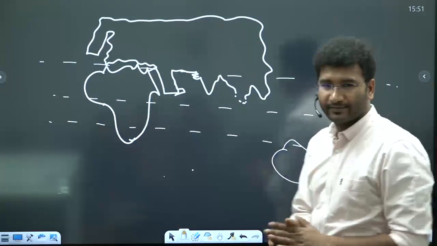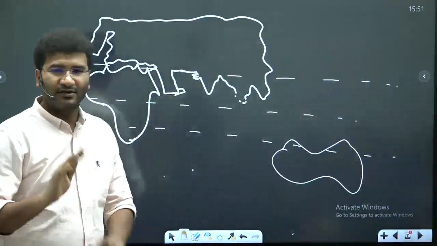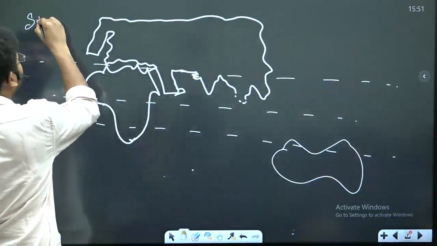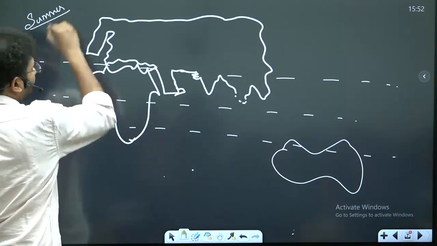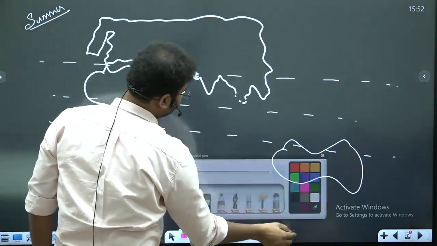Is this the map? So let's try to understand what is happening during the normal times. During normal times in the months of summer, our ITCZ zone is, where is our ITCZ?